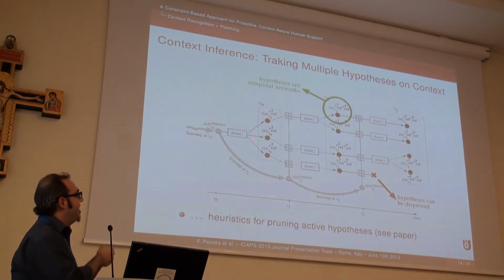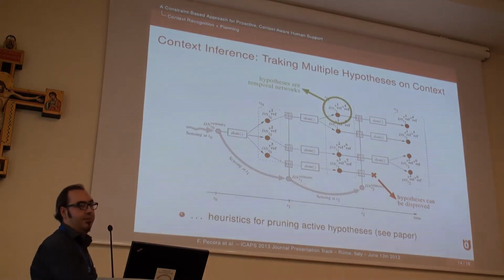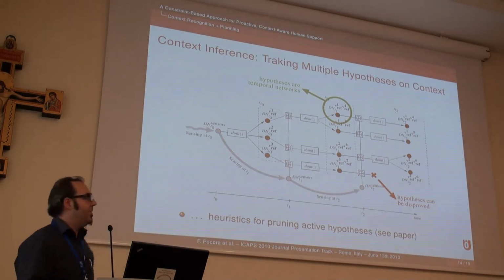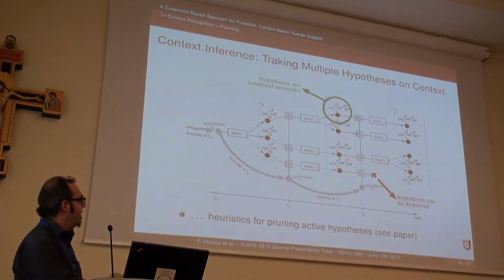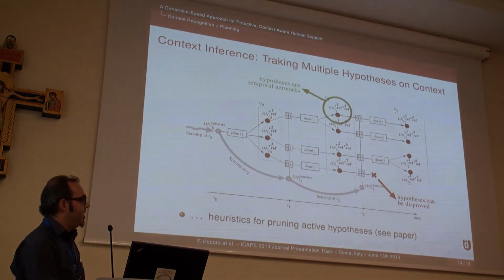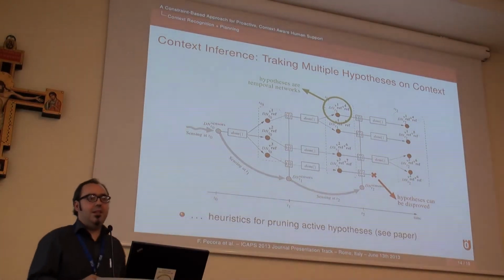And you probably have to keep these when you build new explanations every time there's sensing. So you can easily see how this sort of explodes. And so we also describe some heuristics for pruning the active hypotheses. And the interesting thing is that there's also an issue of strong controllability here.